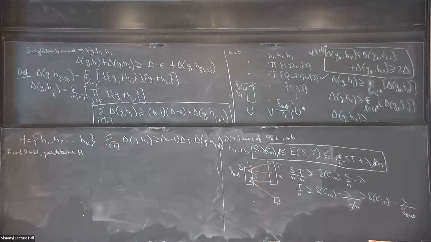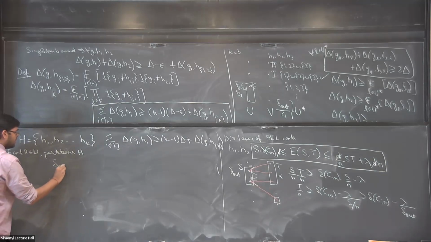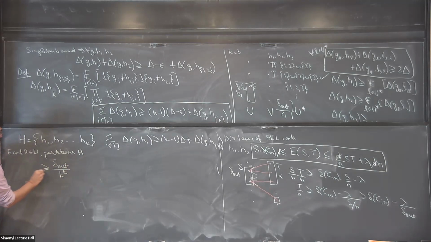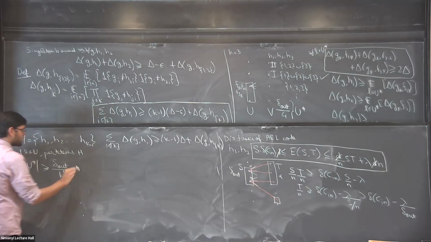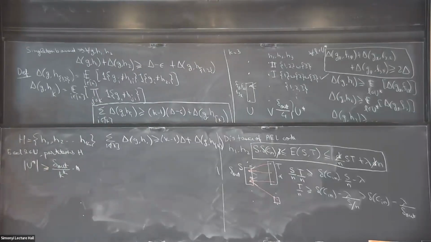Let's look at the most frequent partition that is of size at least 2. A lot of vertices might partition just the entire thing as a common thing. We're going to ignore that. Let's look at the most frequent partition, size at least 2. That would be of size at least delta over the number of partitions.